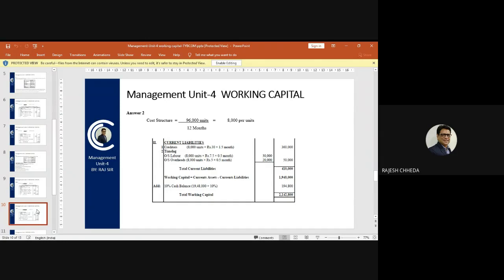So management will make provision for the amount looking at this particular calculation. This is the meaning of the calculation of working capital, and this topic is very useful. Everyone followed what we are doing? Yes, sir. Okay, great.